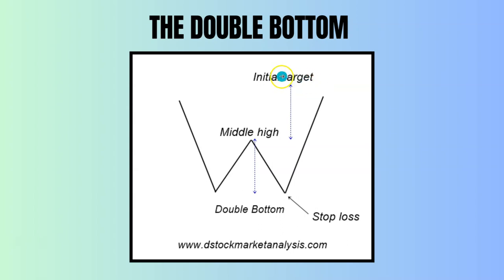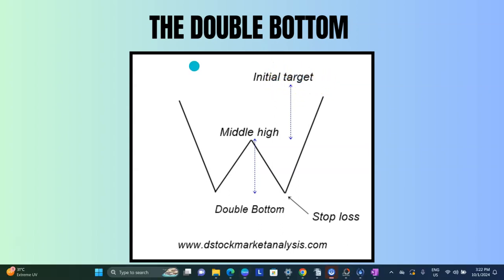So what you can do sometimes is, once the initial target is met, sell 1/3 of your shares and keep the 2/3 running.